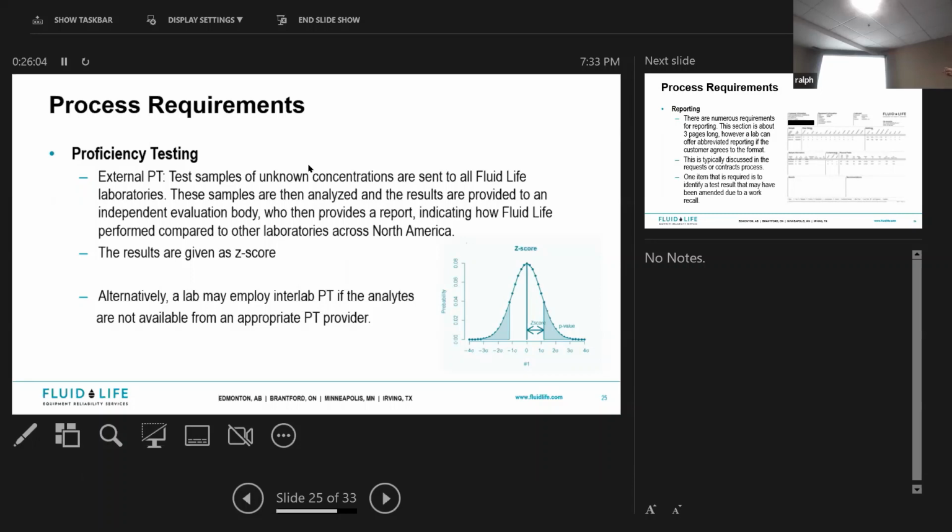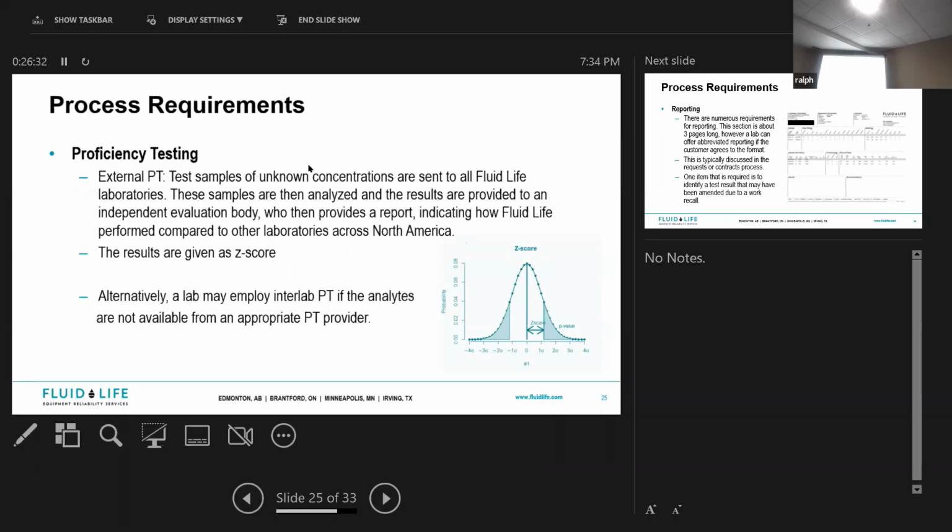So it's usually kind of a normal distribution, and they tell you if you're within 3 Z-scores or out 3 Z-scores. If you're out of 3 Z-scores, you might have to take a look at your results depending on the situation to ensure that you're maintaining your proficiency, because what this is telling you is that the validity of your results may be compromised at the time of running the sample, and it's something that you must correct.